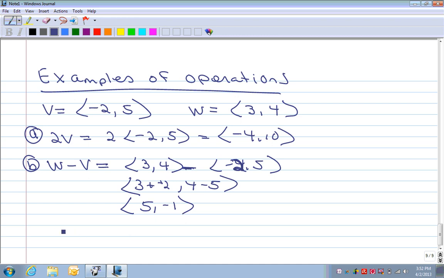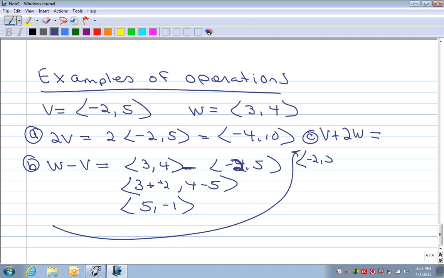And finally, I'm going to move over here to the side so I have a little more room, and we'll do part C. In part C, we're going to have vector V plus 2 times W. And remember, 2 is like our scalar. Component form of V is negative 2, 5. Then we're going to add to that 2 times W, and W, of course, was 3, 4.